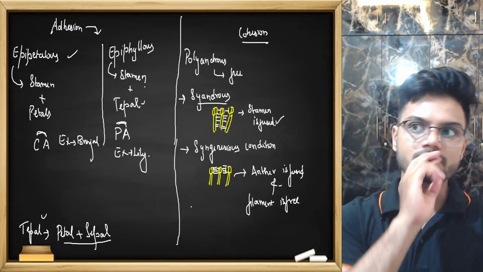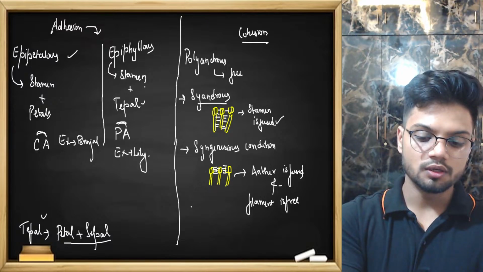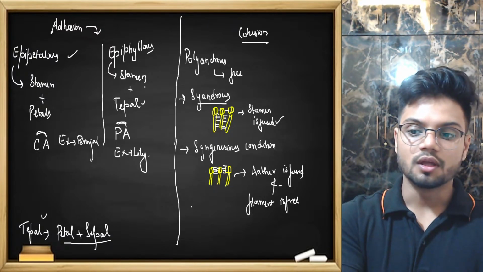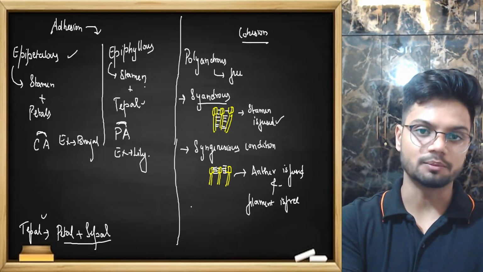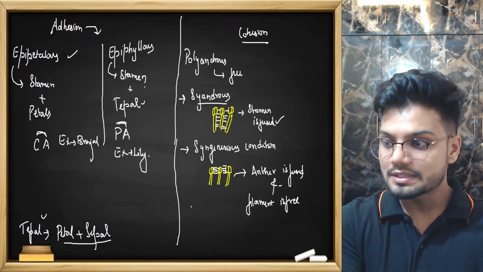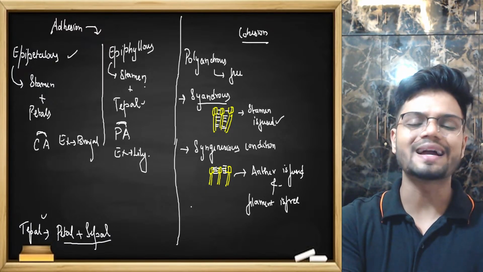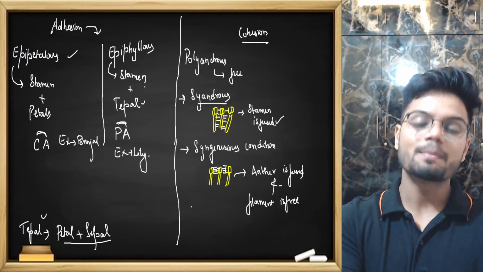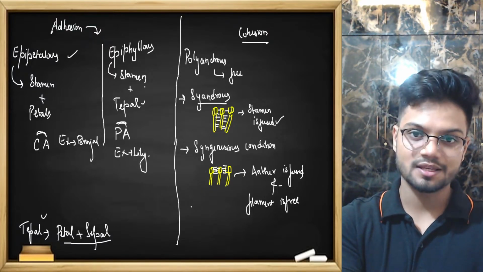Now, what do you call a group of stamen? Group of stamen is called androecium. Group of pistil is called gynoecium. Many petals are called corolla. Many sepals are called calyx.